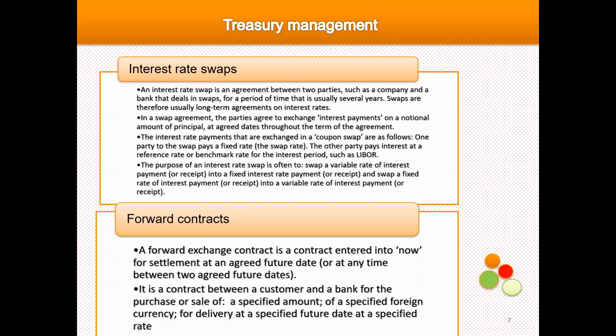It's tailored to the needs of the parties, so you can customize it to your own needs. A futures contract is a standardized contract, so it has some standardized terms.